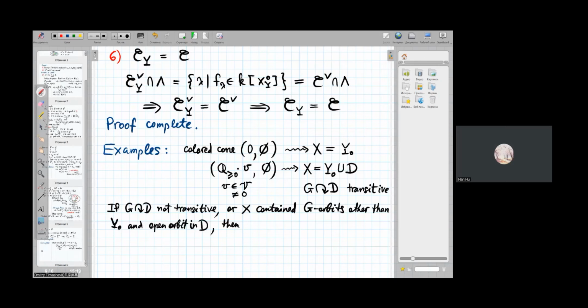We would be left with an open subset of X. Removing the other orbits would give us a simple spherical variety containing only two orbits, the open orbit Y naught and the open orbit in D, the orbit of codimension 1, with the same colored cone.